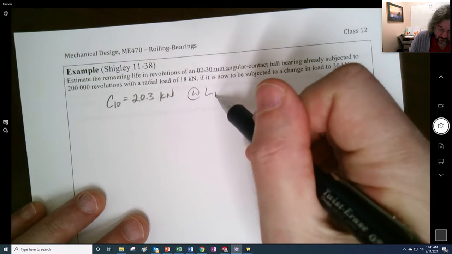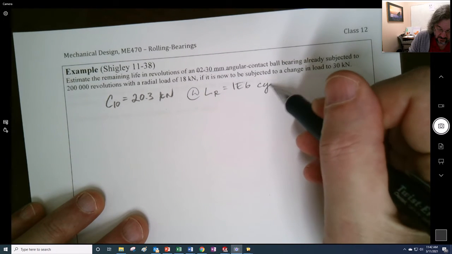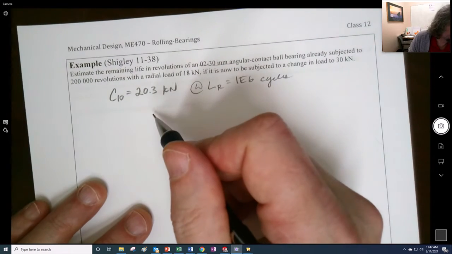And the expected life that's based on is 1E6, or 1 million, right?